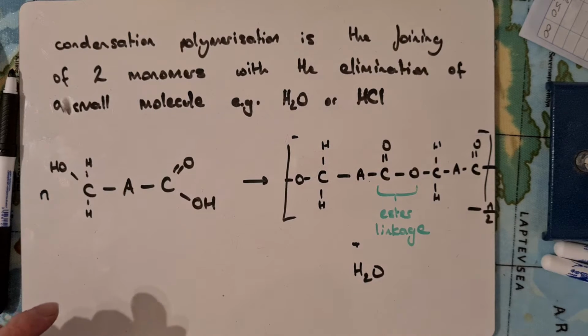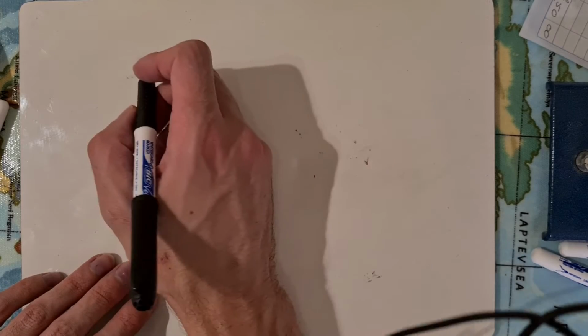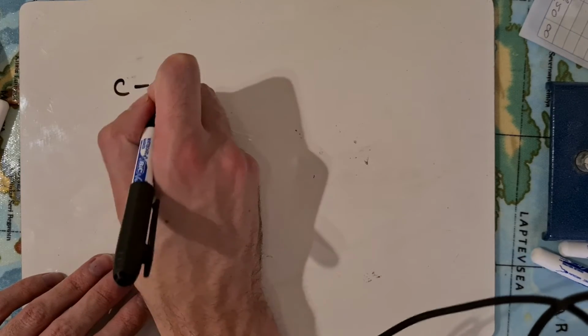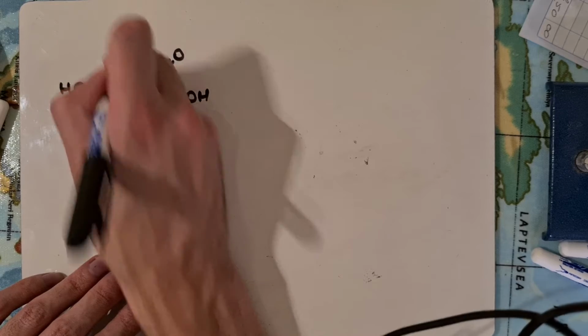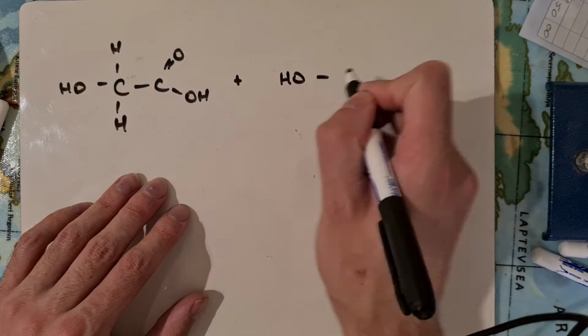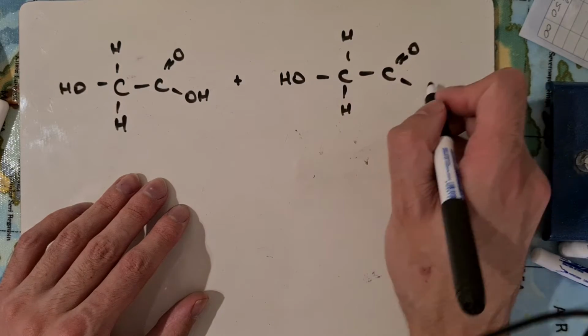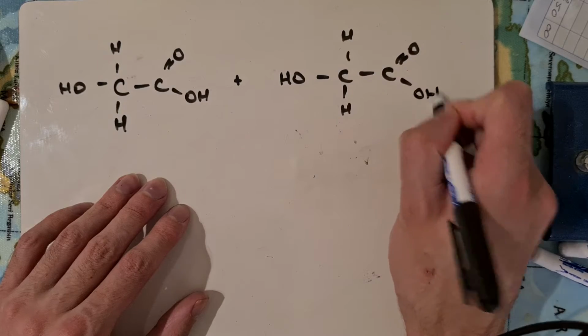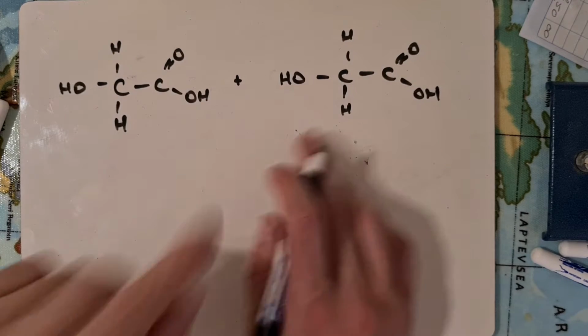If we take the condensation polymerization of glycolic acid, we're going to have 2-hydroxyethanoic acid, so that is 2 carbons, a carboxylic acid, OH on here, and a H on here, and that's going to join with another one, so this is from a single monomer because these are both the same. We've got 2 hydroxyethanoic acids.